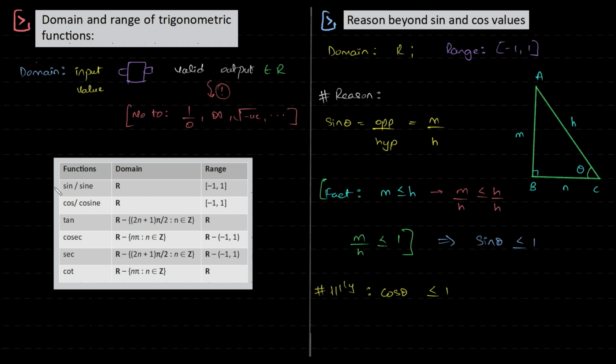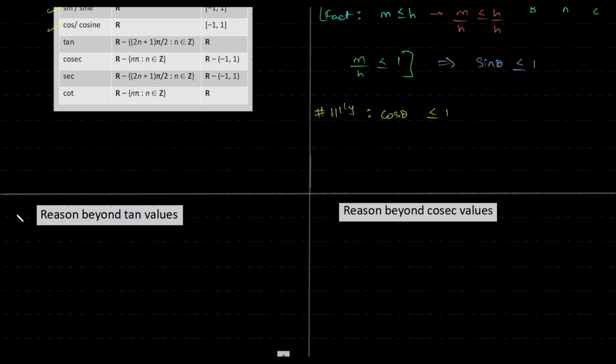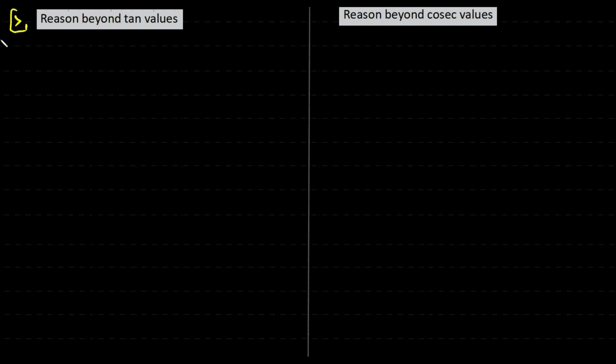Now, the difficult ones. The first and second are done. Tan, let's start with the difficult ones. When it comes to tan, let me first list the domain and range. The domain is all the real numbers excluding (2n+1) pi by 2, where n belongs to the integers.